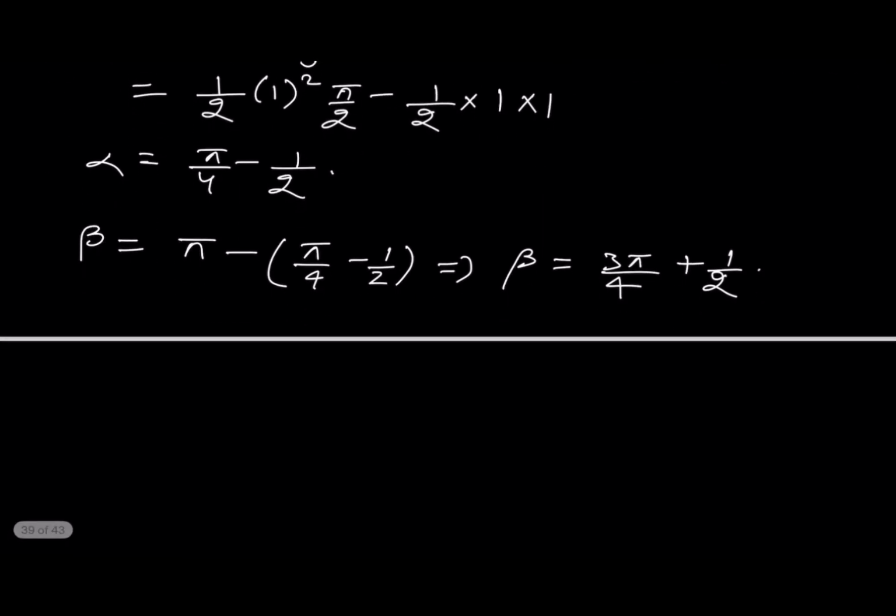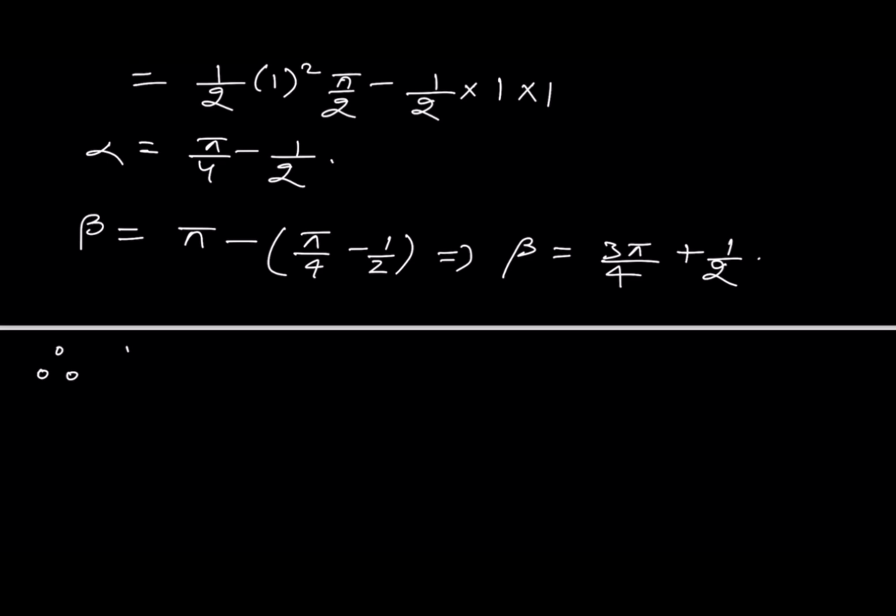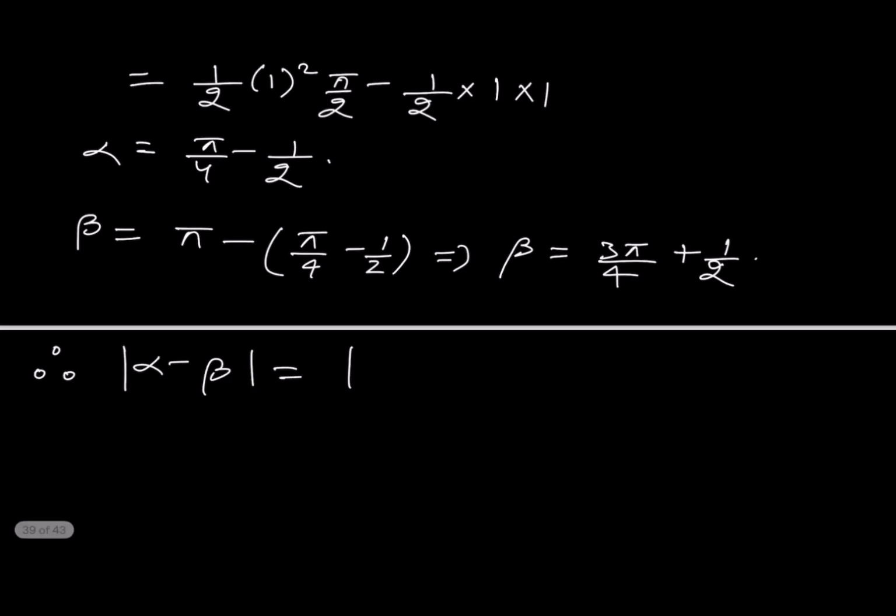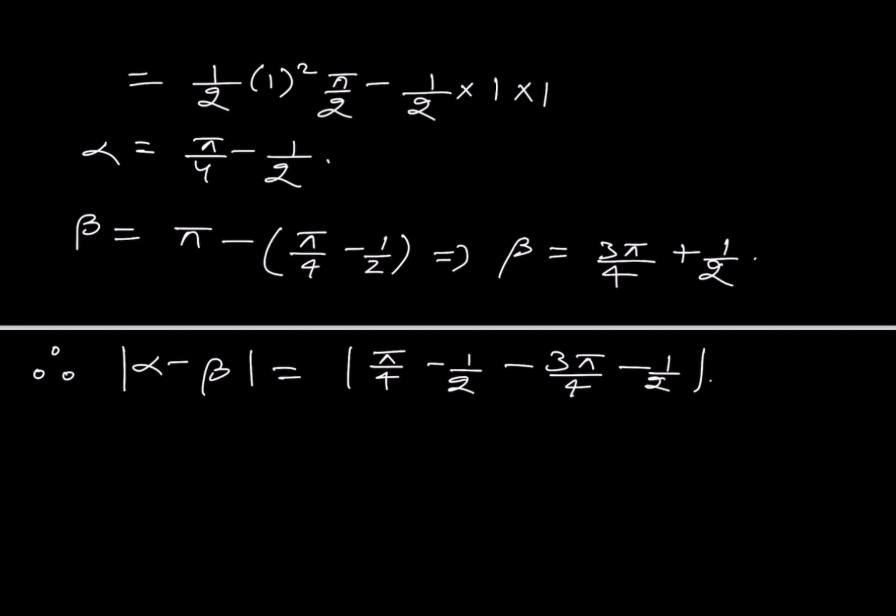Okay. So mod of alpha minus beta will be, alpha is pi by 4 minus half and beta is 3 pi by 4 plus half. So it will be mod of minus pi by 2 minus 1, right?